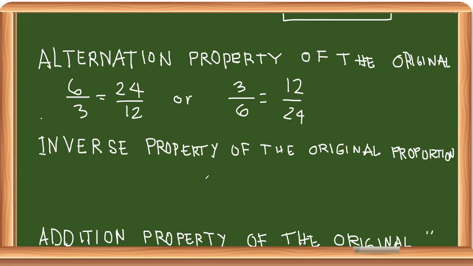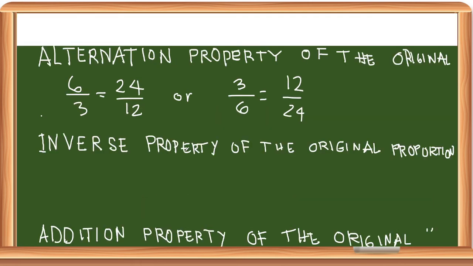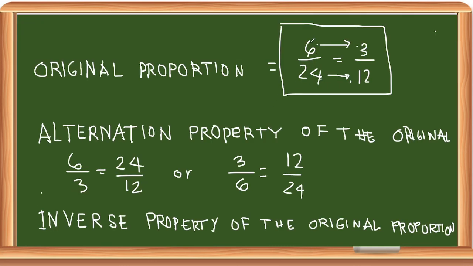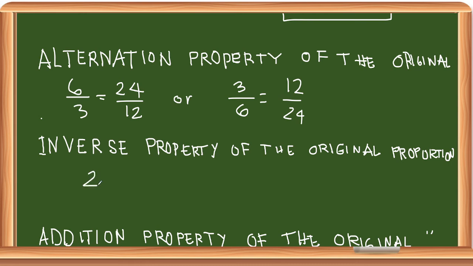Now, inverse property. Pagka sinabing inverse, yung numerator, gagawin mong denominator. Yung denominator, gagawin mong numerator. Okay, so this is the original, 6 is to 24 or 6 over 24. Babalik na rin natin siya. That's the inverse. So the inverse of 6 over 24 is 24 over 6. Kabaliktaran ng original.